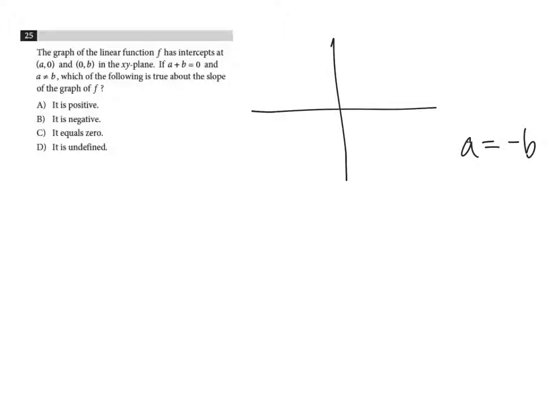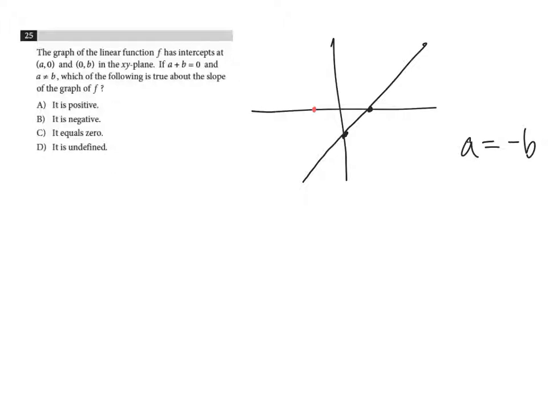All right. So (a, 0) could be here, or if a is negative, it could be here. Well, if a is positive, then b must be negative. So if a is positive, b must be negative, and (0, b) must be down here, in which case you'd have a positive slope.